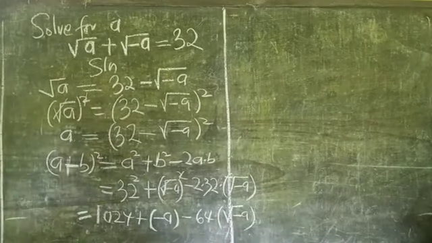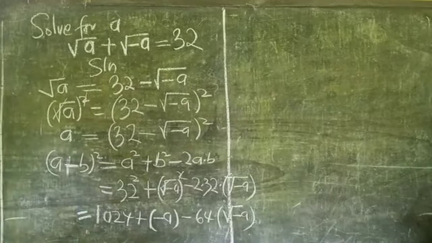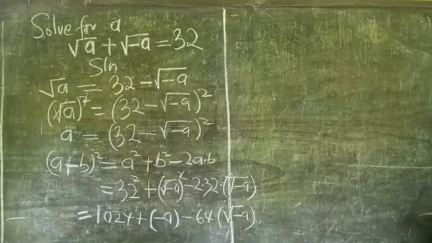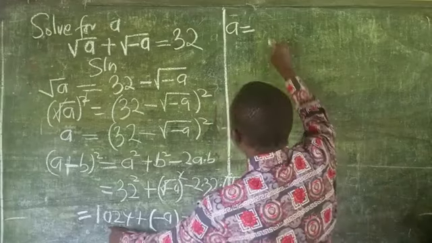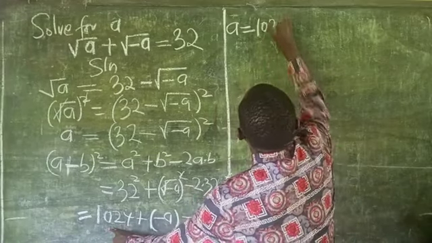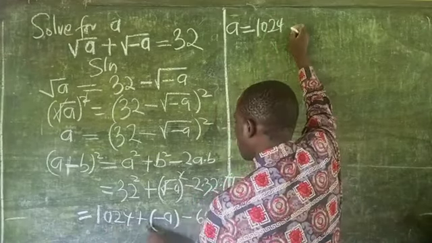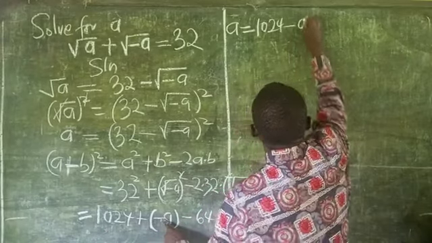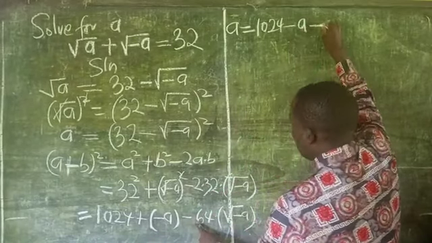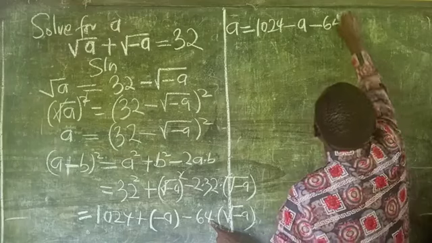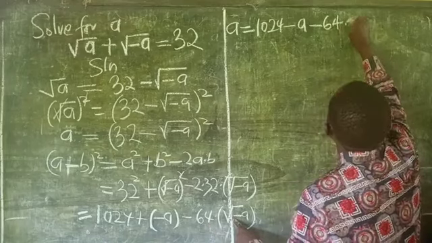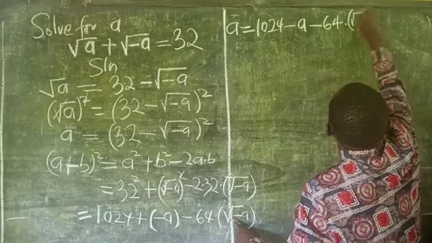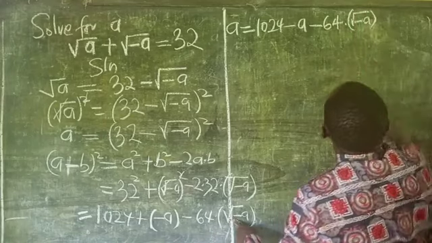This is very fine. So what we do next, we further open up, and it says a is equal to 1024, this becomes minus a, minus 64 times square root of minus a.